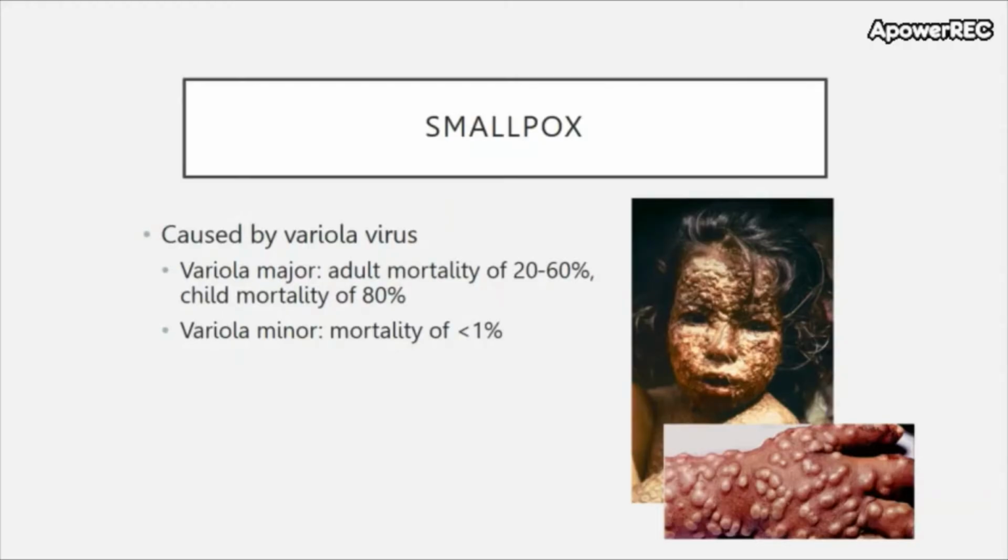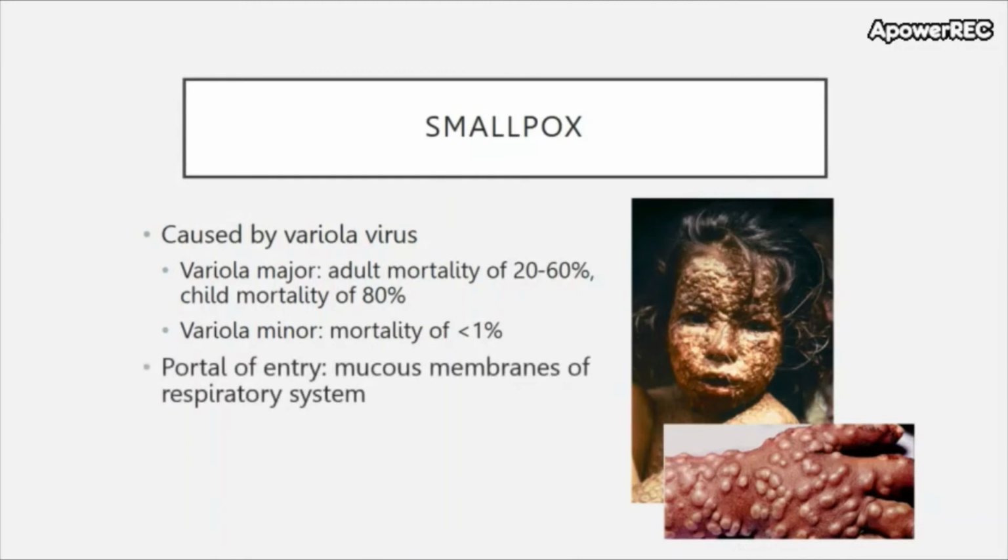Smallpox is caused by variola virus. Variola major has an adult mortality of 20 to 60% and a child mortality of 80%, whereas variola minor has a low mortality rate of less than 1%. The portal of entry are mucous membranes of the respiratory system.